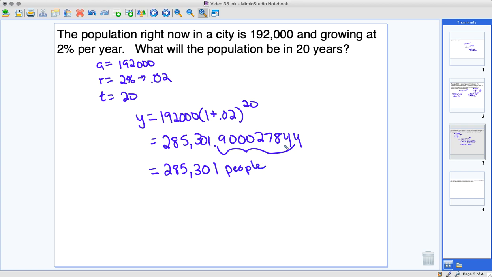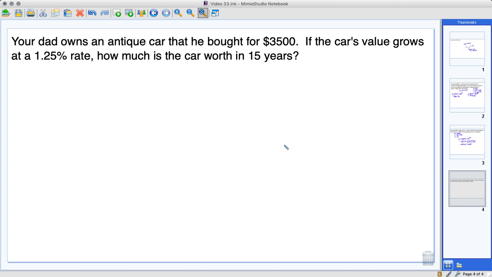So then the last one: your dad owns an antique car that he bought for $3,500. If the car's value grows at a rate of 1.25%, how much is the car worth in 15 years? So A, R, and T. A is our initial amount, so he bought it for $3,500.